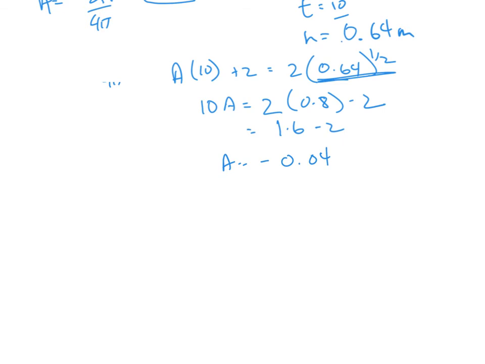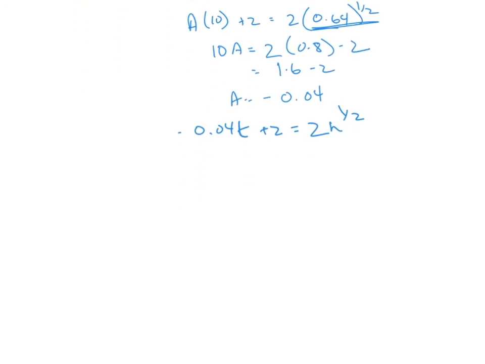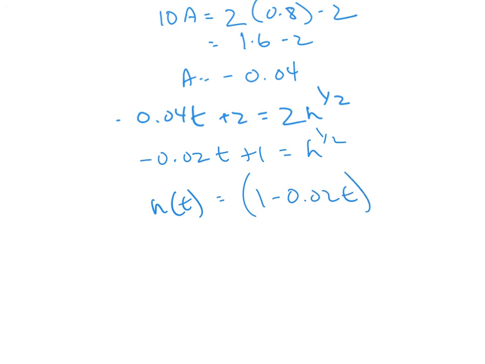I'm plugging it back in, so then I know that negative 0.04 times t, because here's my a value which I figured out, plus 2 is equal to 2h to the 1/2. I'm solving for h, so I'm going to divide by 2, so negative 0.02t plus 1 is equal to h to the 1/2. And h as a function of t is going to be (1 minus 0.02t) squared.